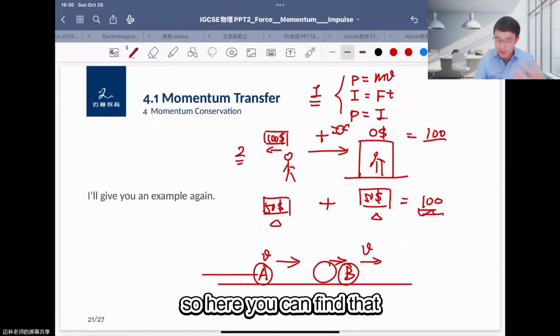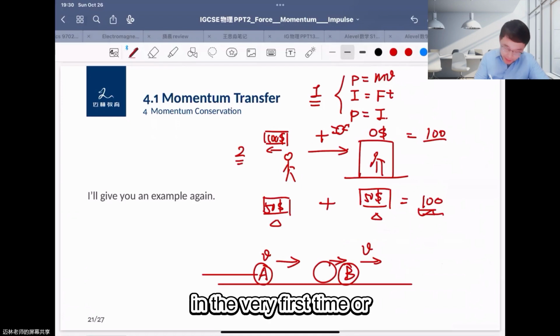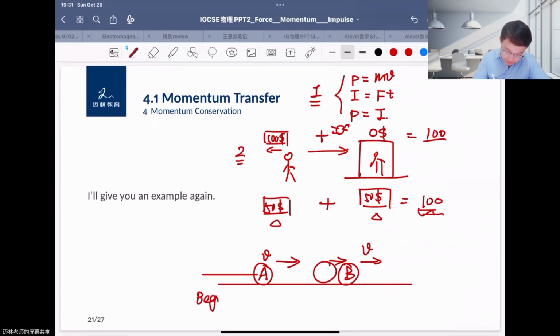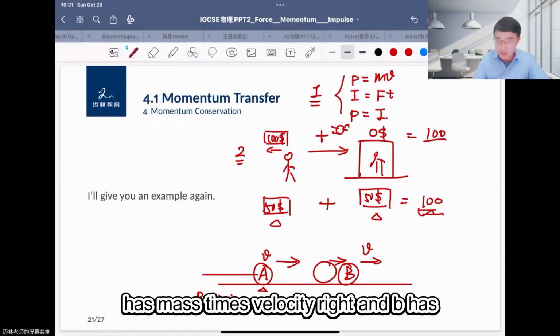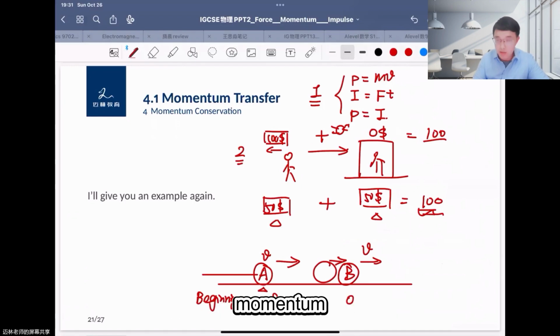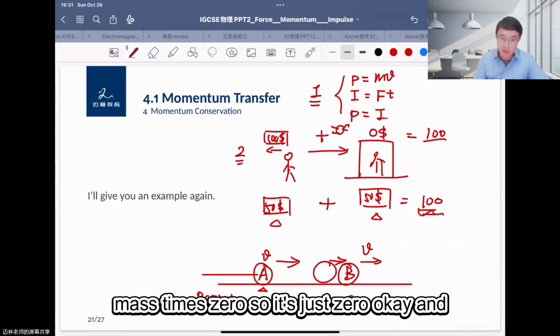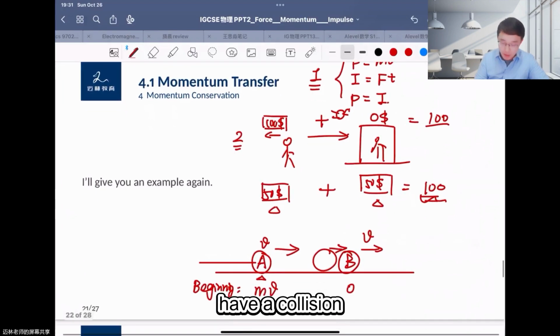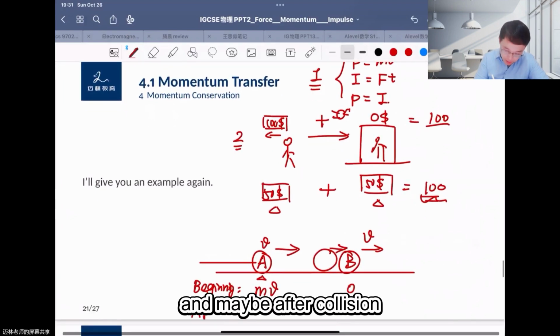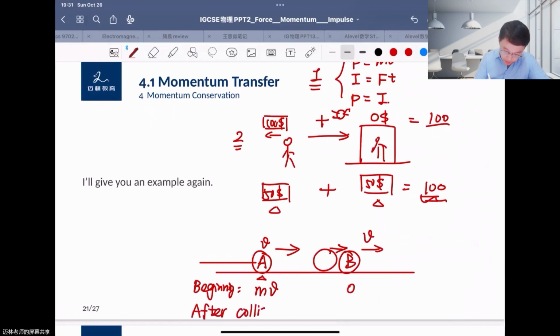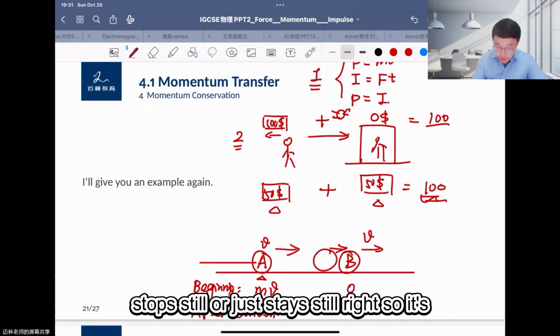Okay, so here you can find that in the very beginning, A has mass times velocity, right? And B has momentum, mass times zero, so it's just zero, okay? And after they have a collision, we can say that A stops, or just stays still, right?